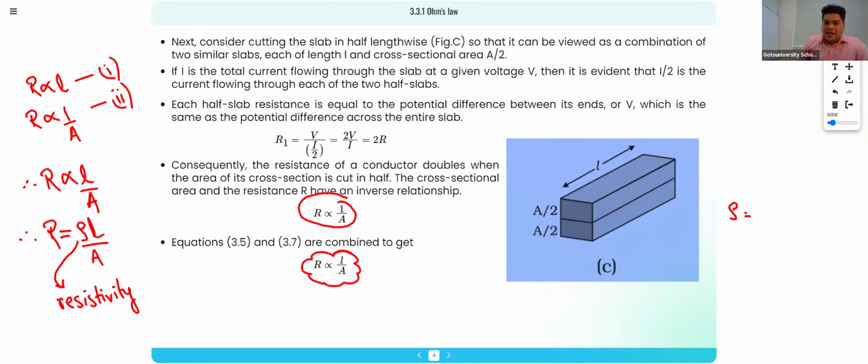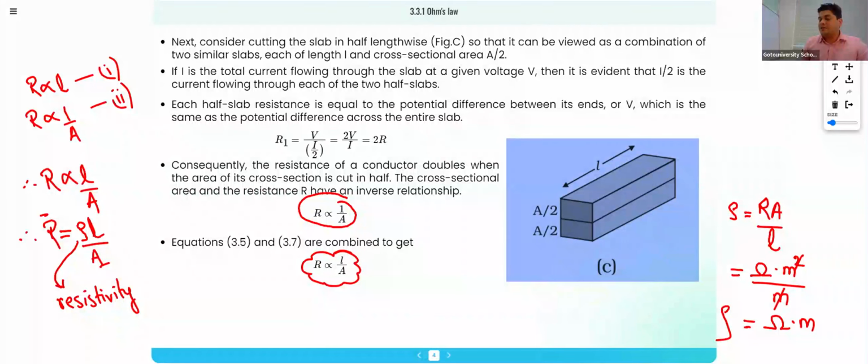See, resistivity is equal to RA over L. Resistance is represented by ohm, area is represented by meter square, and length is represented by meter. So meter and meter square will cancel, and you will get ohm meter. This is the unit for your resistivity.